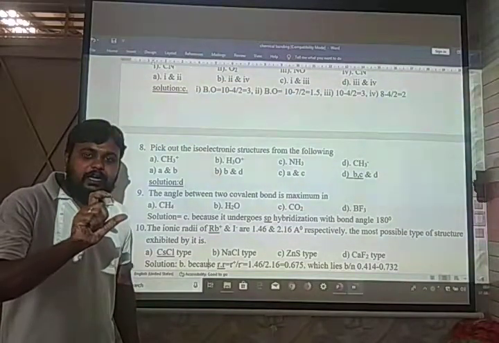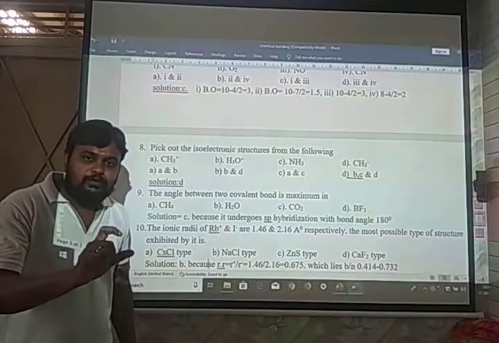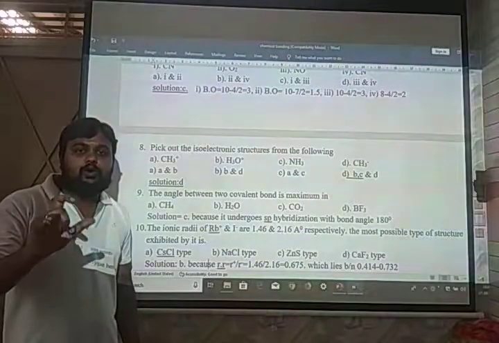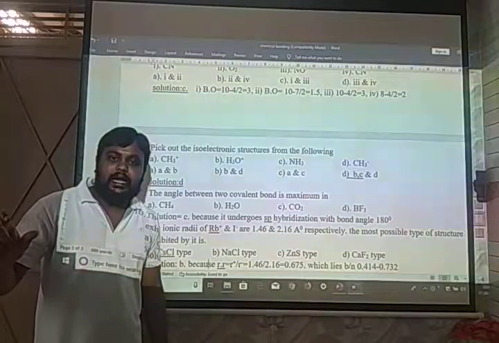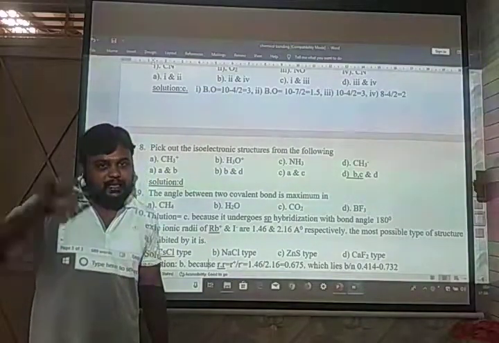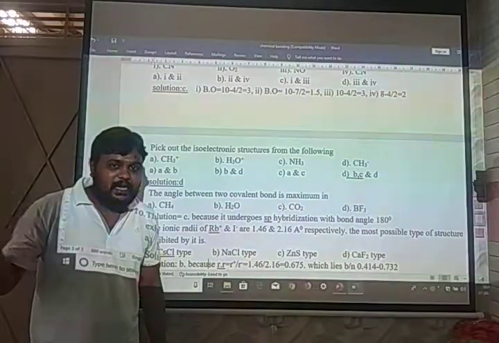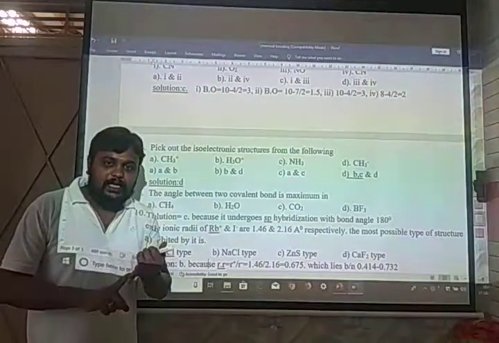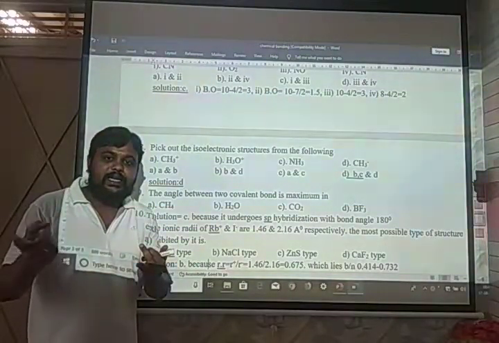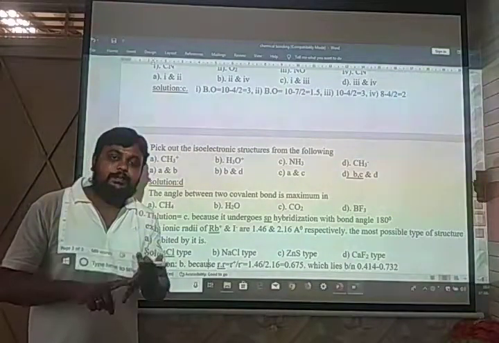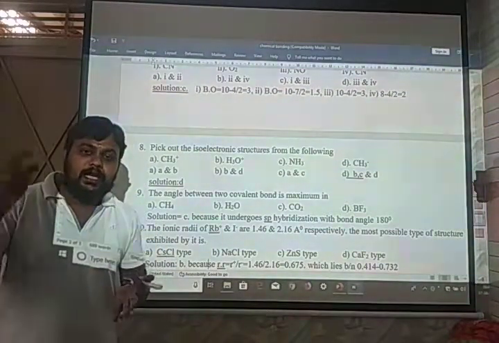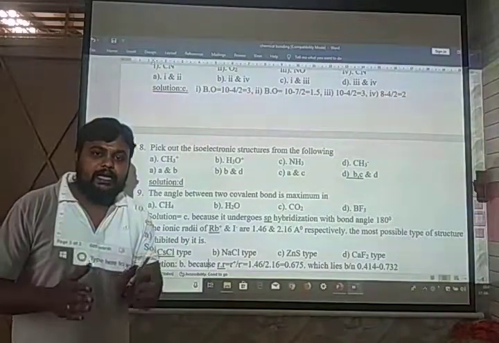If the radius ratio value lies between 0.414 and 0.732, then the coordination number of the compound is 6, having octahedral geometry, and the type is NaCl. I told you BCC or cubic has coordination number 8. For FCC, CCP and HCP the coordination number is 6, and the example is NaCl.